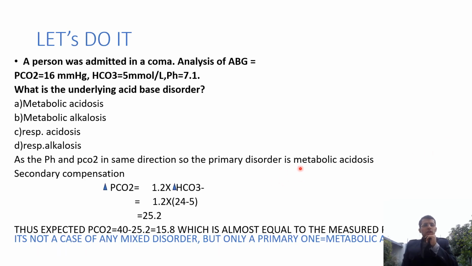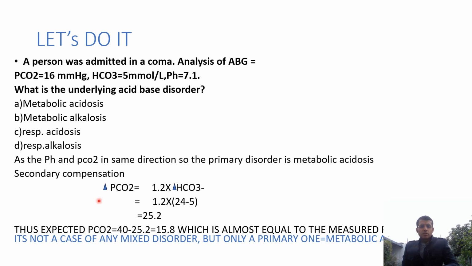Let's do the second one. A person was admitted in a coma. The ABG was done. PCO2 is 16 millimeters of mercury, bicarbonate 5 millimoles per liter, pH 7.1. What is the underlying acid-base disorder? Whether it is metabolic acidosis, metabolic alkalosis, respiratory acidosis, or respiratory alkalosis. As you see, the pH has gone down, PCO2 has gone down, so it's a metabolic disorder, so metabolic acidosis.